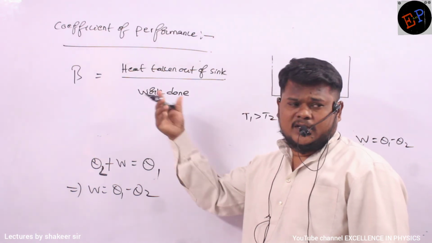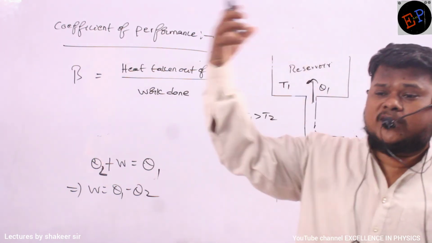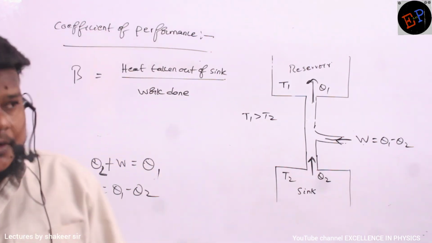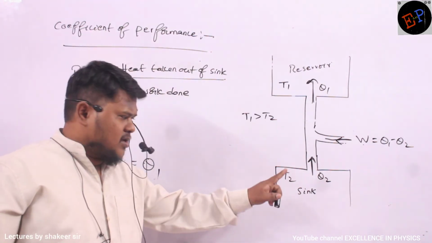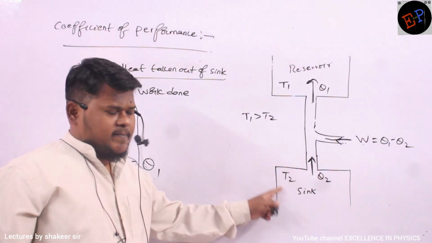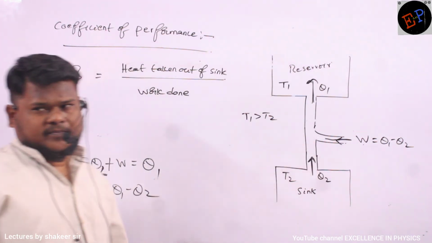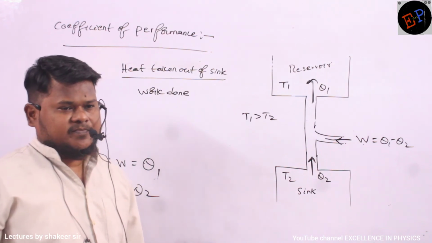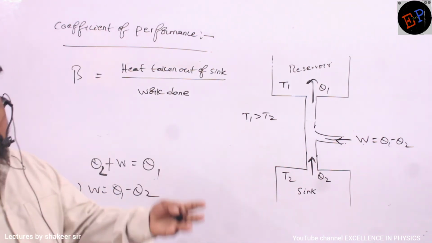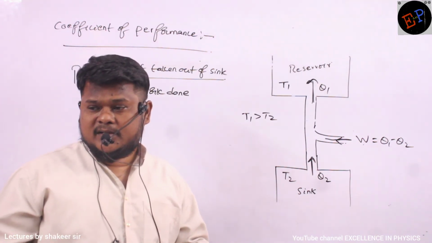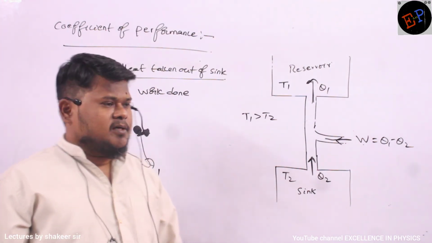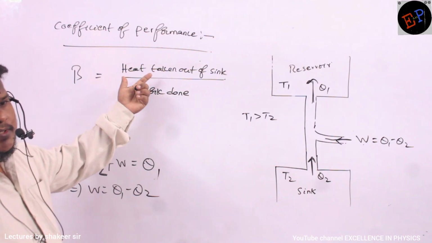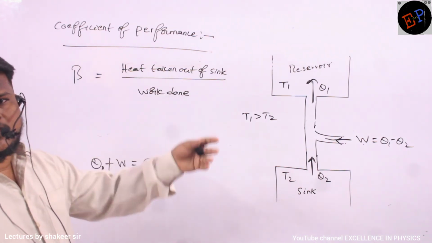For this amount of work, how much energy you are able to take out of the sink. Are you able to understand, ma? Heat energy we are removing from sink only, no? So how much energy you are removing per the amount of work which you are doing. That is called coefficient of performance. So if beta value is greater, what is meant by beta value is greater? It means that refrigerator is a very efficient refrigerator. It means for a small energy, it is able to remove huge amount of energy.